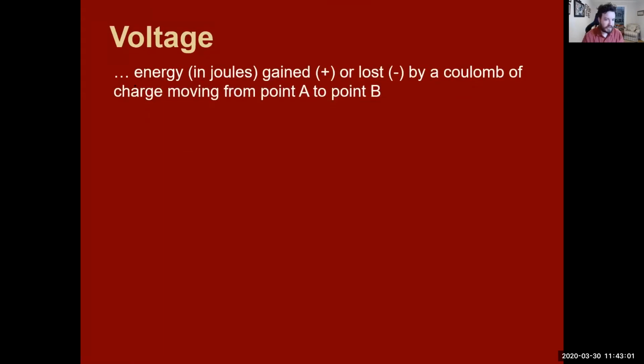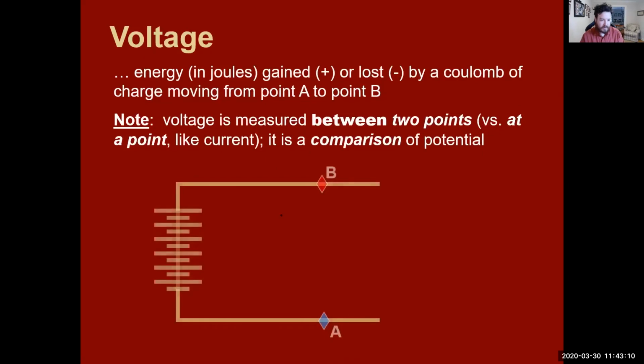So voltage is the energy in joules gained or lost by a coulomb of charge moving from point A to point B. Voltage is measured between 2 points. Like current, it is a comparison of potential.